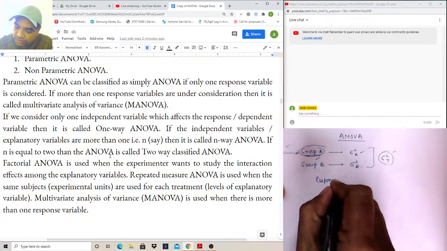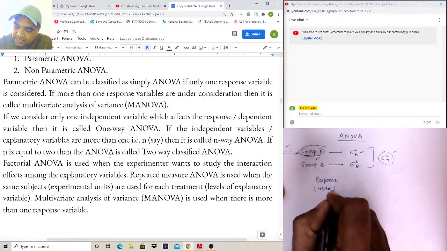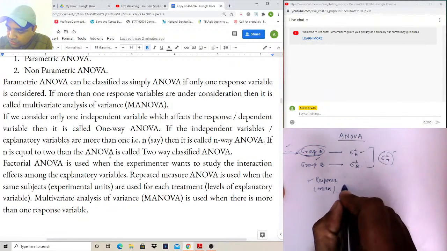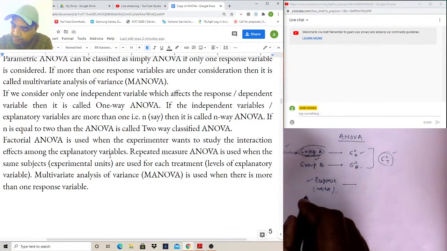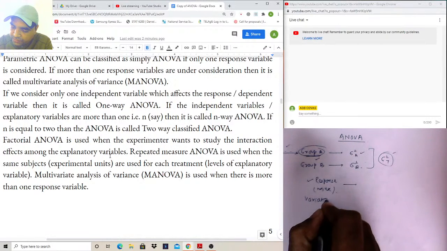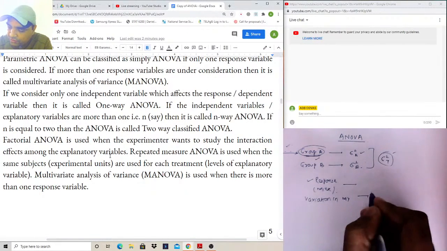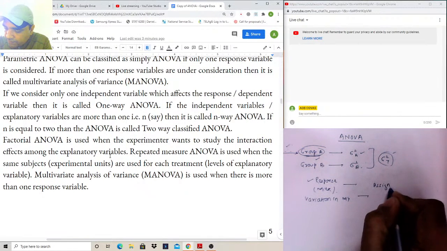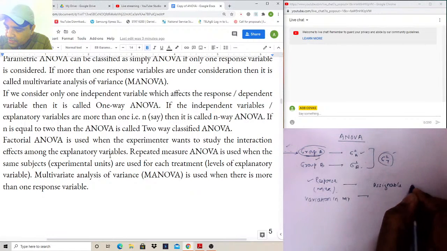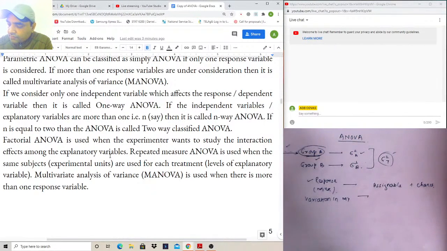If we consider only one independent variable which affects the response, see, actually there is a response, as I have told you, milk yield. Milk yield can be ascribed as a response. Now the variation in milk yield can be due to assignable and chance factors.